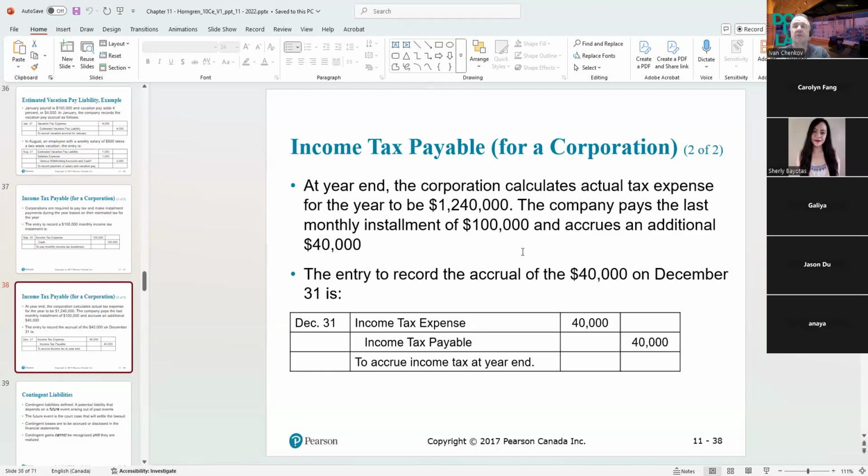Only the additional 40,000. Why? Because they already paid $1,200,000 as installments. So they're only going to pay the difference between the actual taxes minus the installments that they made every month. And that's what they pay.